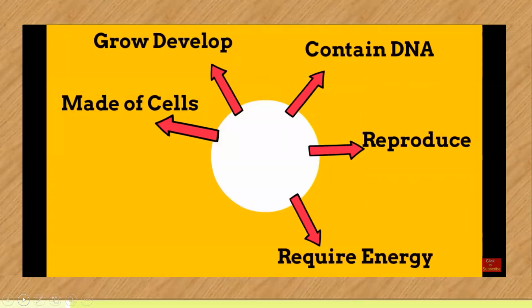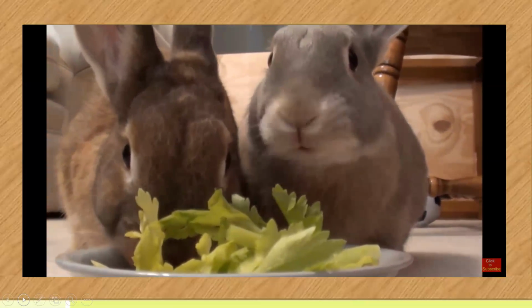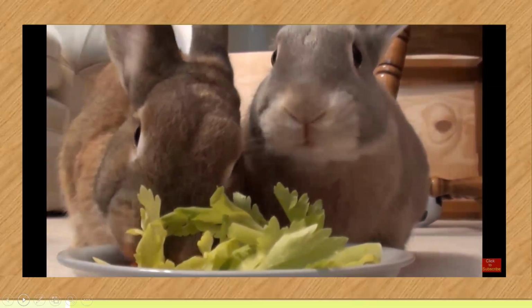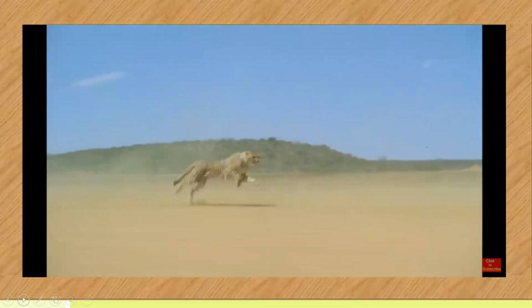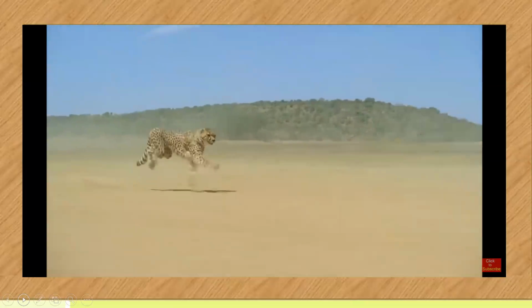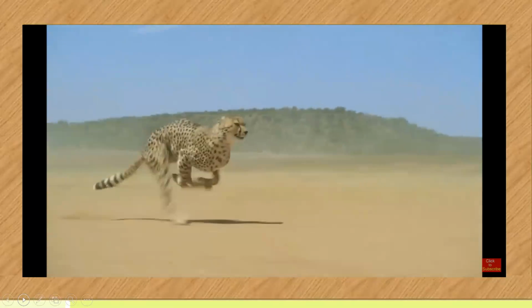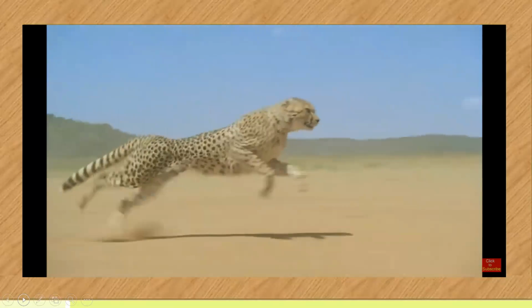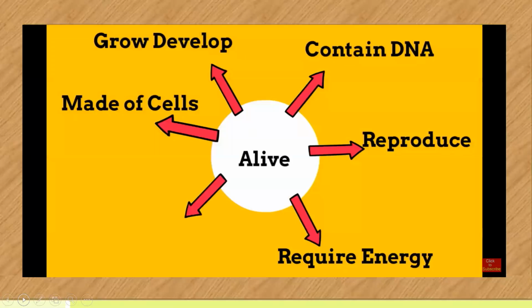Living things require energy for their daily activities. Living things respond to stimuli.